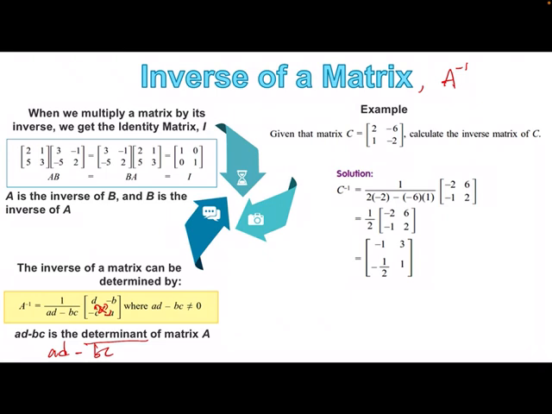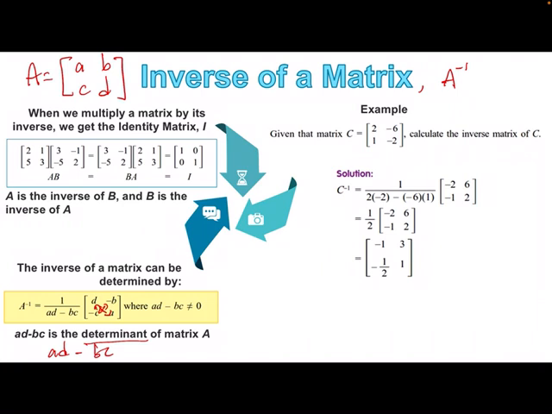If AD minus BC is equal to 0, then that matrix does not have any inverse. Example: given that matrix C is as shown, calculate the inverse of matrix C. We just use the formula, 1 over AD minus BC. Matrix A is [A, B; C, D]. Remember that.